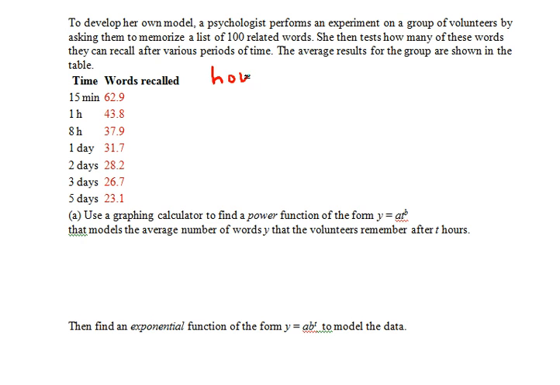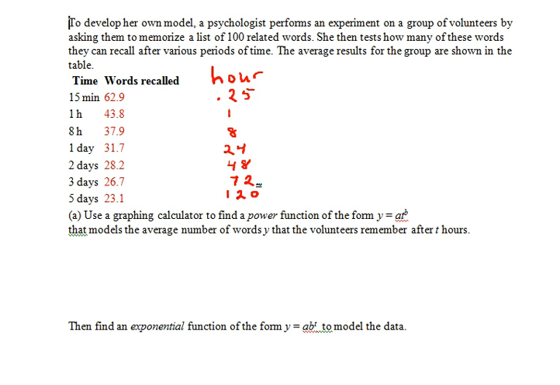In terms of hours, 15 minutes is equal to 0.25 hours. Then we have 1 hour, 8 hours, 1 day, which is 24 hours, 2 days, which is 48 hours, 3 days, which is 72, and 5 days, which is 120 hours.